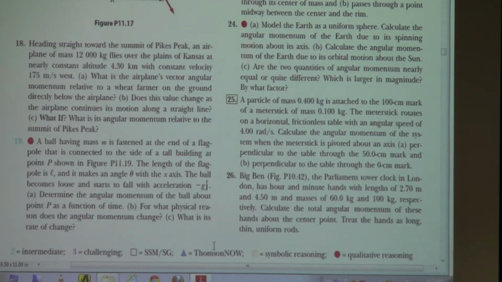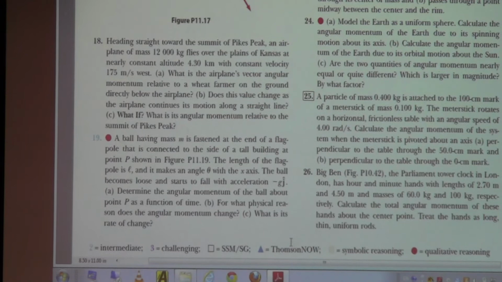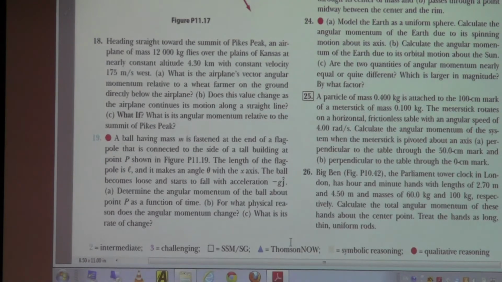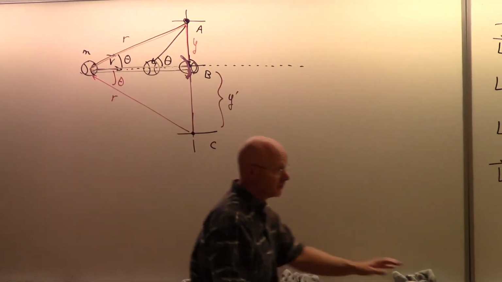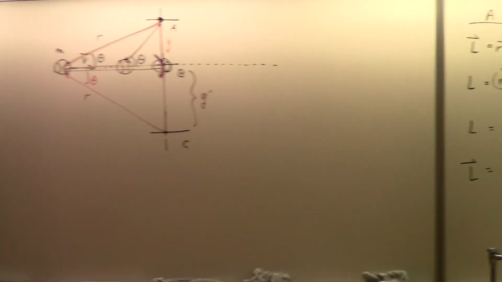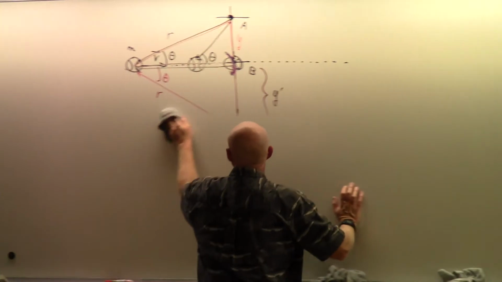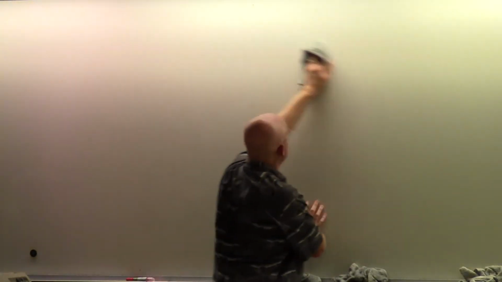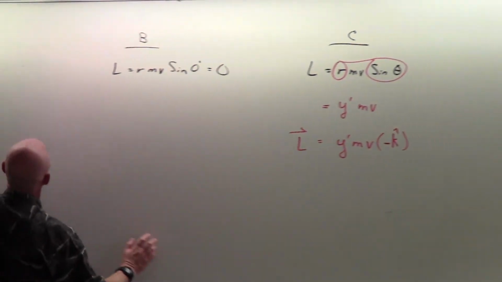But it says, no, this is not going in a straight line yet. That must be the next one. So I got ahead of myself a little bit. But nonetheless, you need this hint for the next one, and you need it for solving the problems. But this one, we don't have anything going in a straight line. That's, like I said, the next one coming up. But let's read this one here. This is just your basic angular momentum.